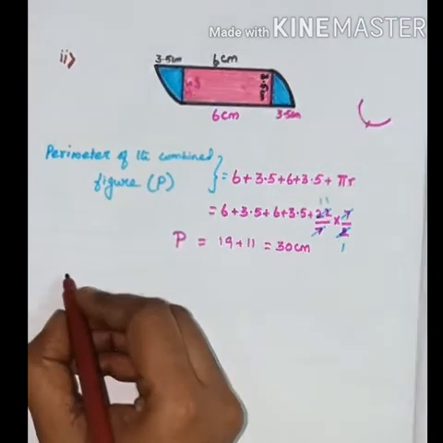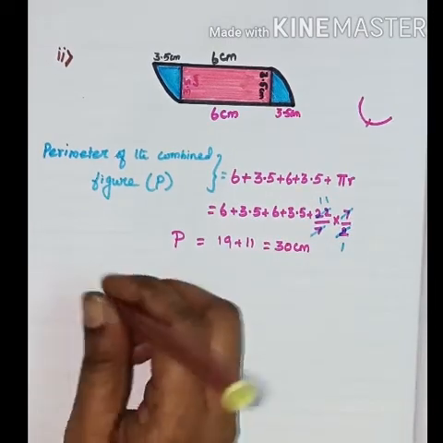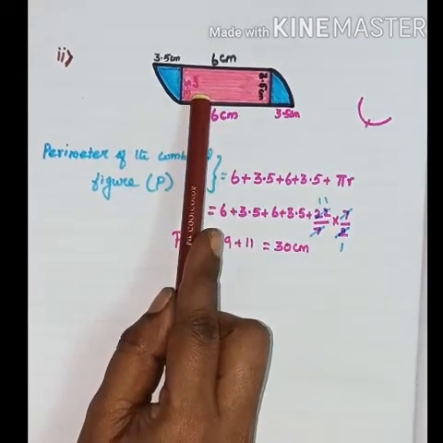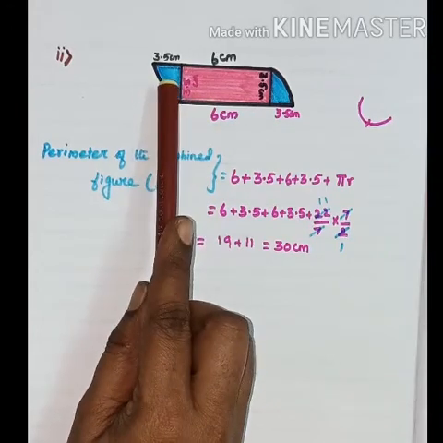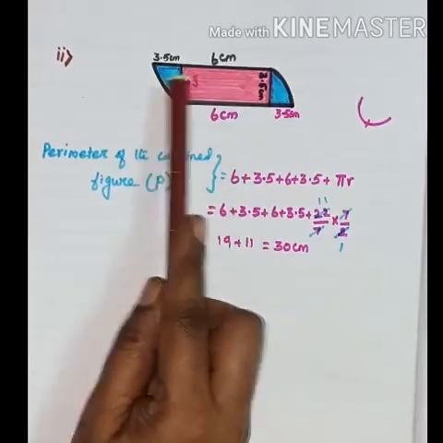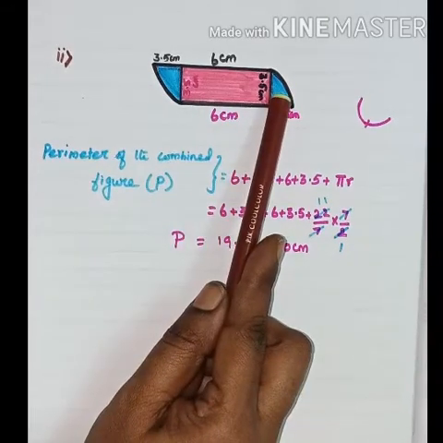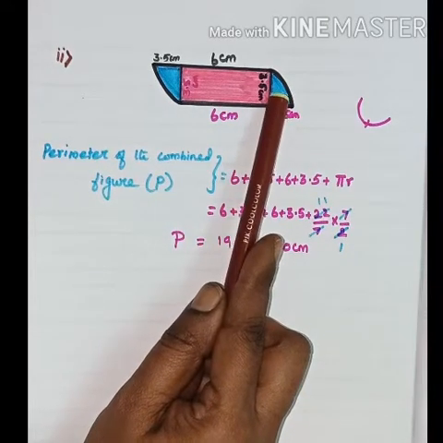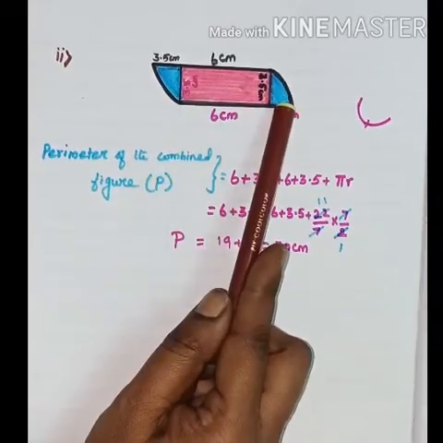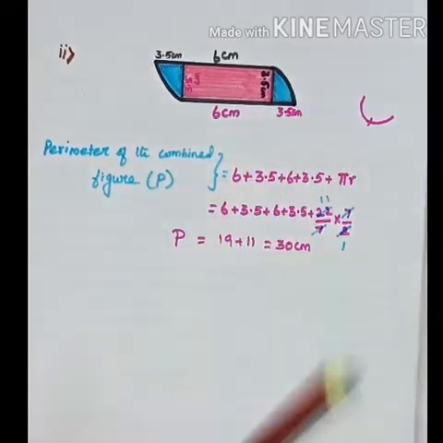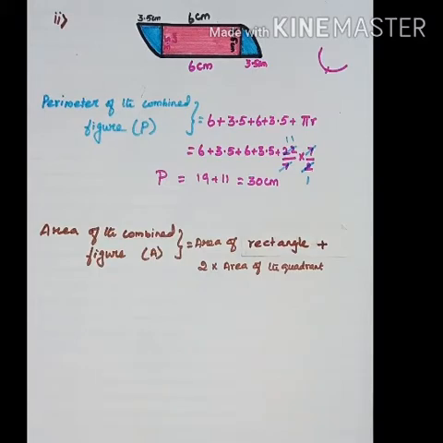Area of the combined figure is equal to the area of the rectangle plus, here the two corners are nothing but quadrants of a circle. So we can write this as 2 times the area of the quadrant. Area of the combined figure, capital A, is equal to area of the rectangle plus 2 times area of the quadrant.